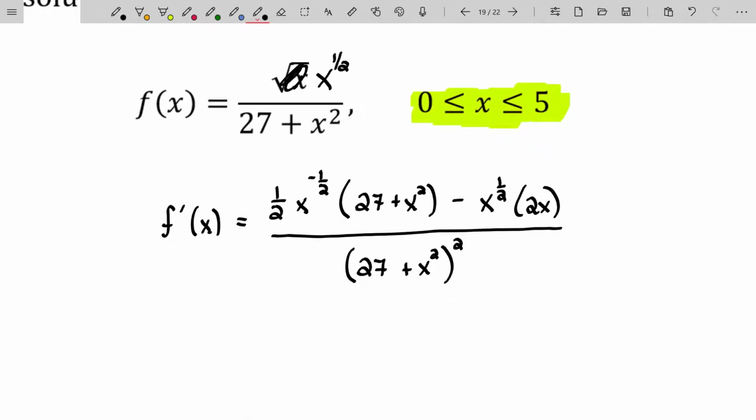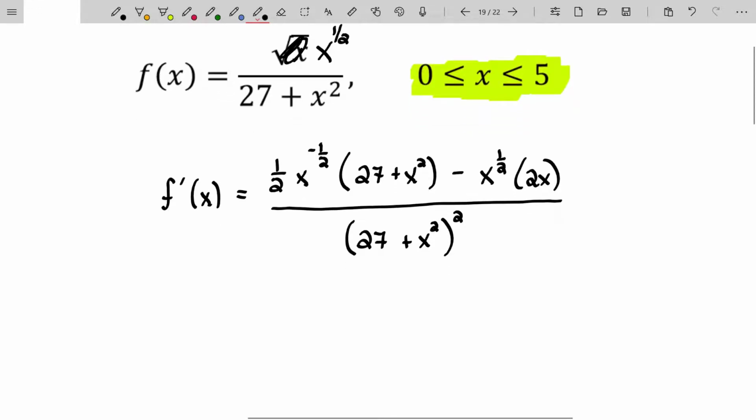And we want to know, when does this not exist, or when does it become 0? Well, one thing I'm going to do here is I'm going to multiply numerator and denominator by x to the 1/2 power.